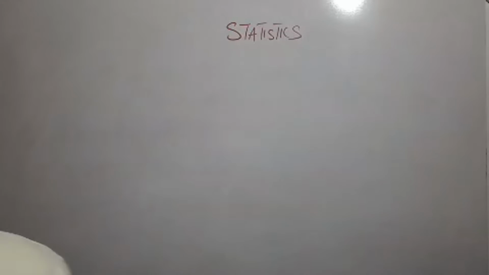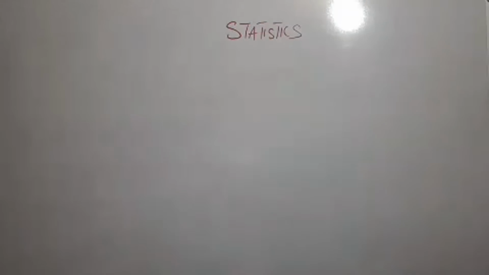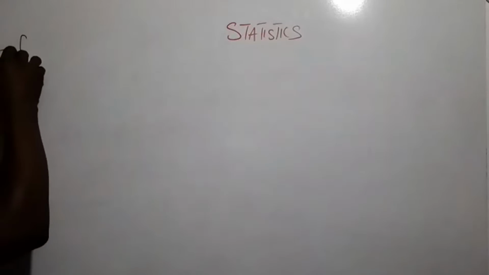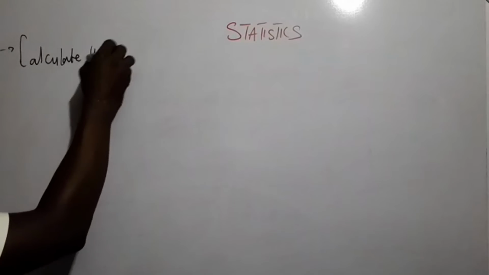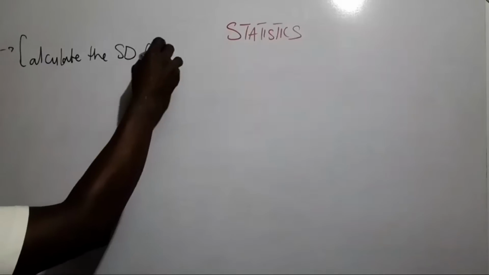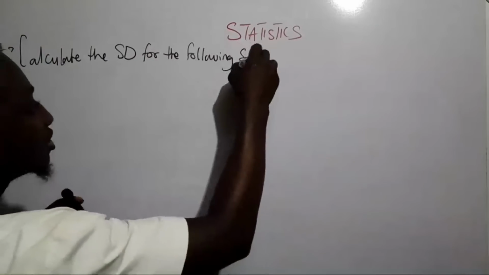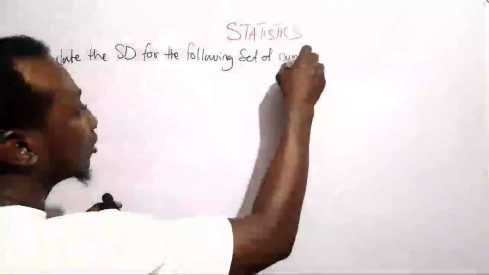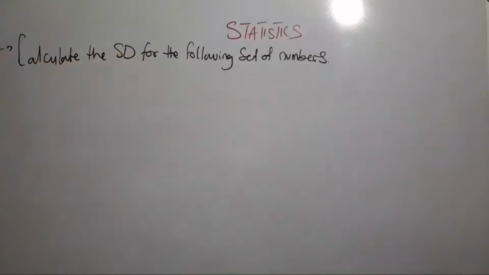Now to start with, we're going to be doing the ungrouped. Calculate the SD for the following set of numbers.